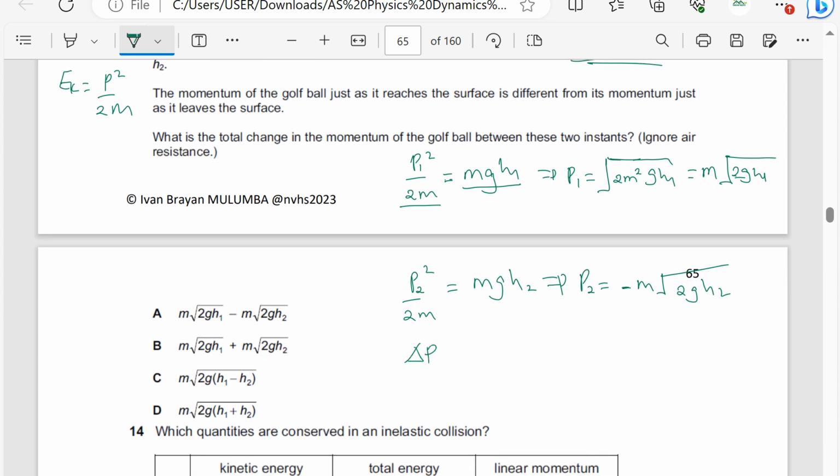We shall subtract: P1 minus P2, which is m root of 2gh1 minus negative, which becomes plus m root of 2gh2. So this is the expression, and that makes the answer B.